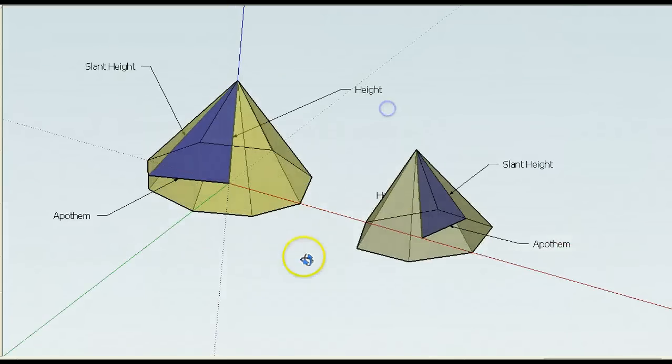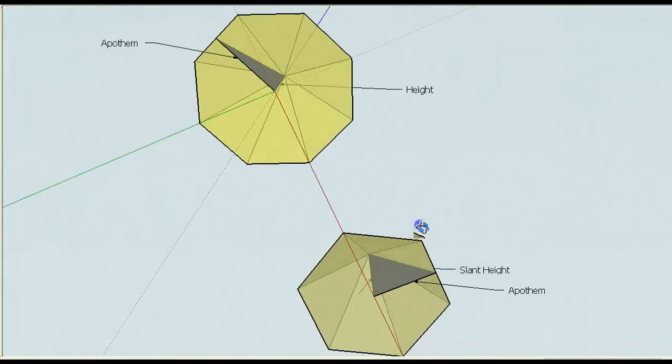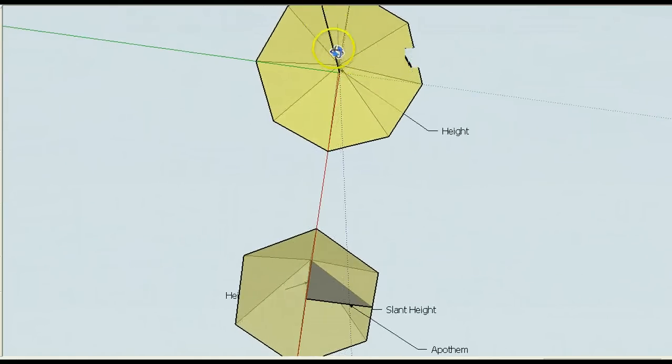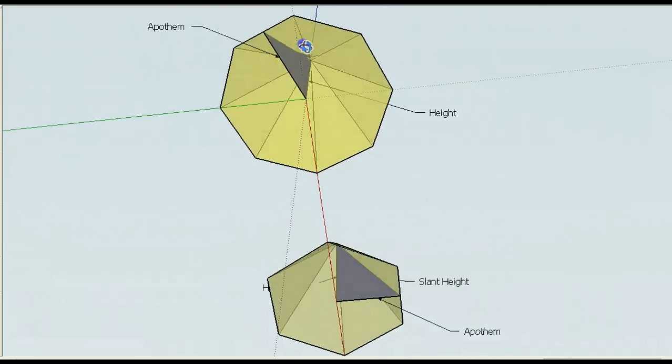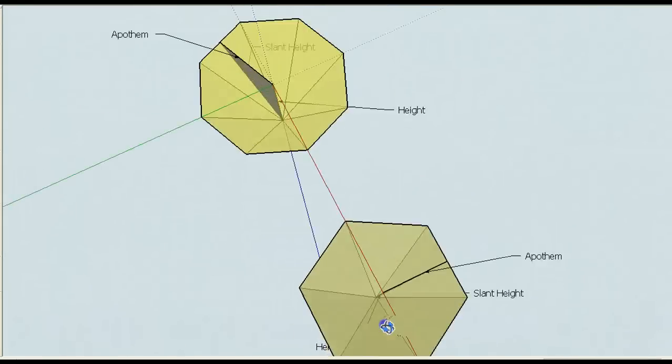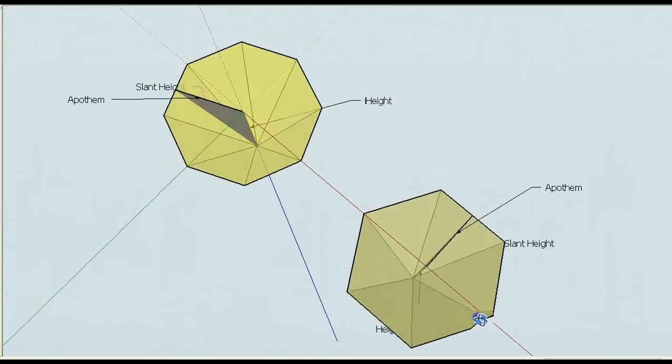And if you look, when I connect the slant height to the height, I've actually created the apothem of my base. This length right here is the apothem. I've connected from the center of my base to the midpoint of one of the sides of my base.